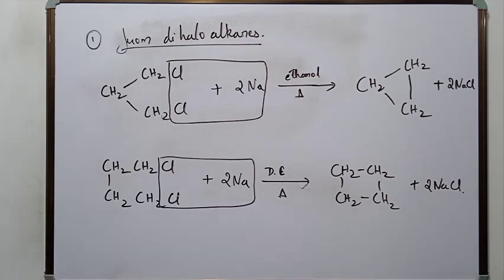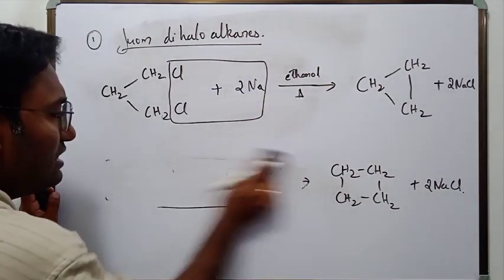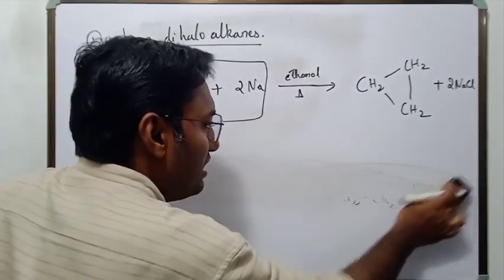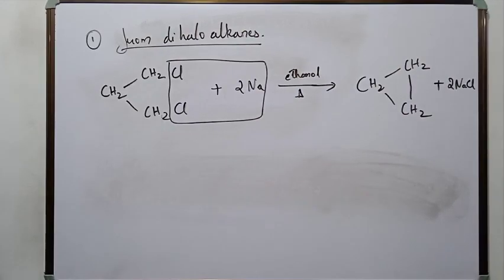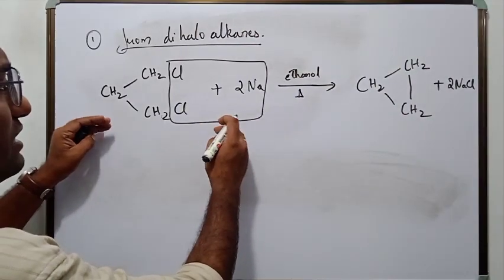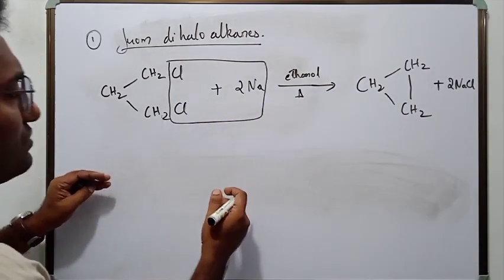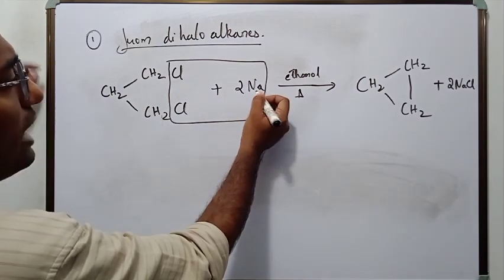At first glance it seems very simple, but let us look into how this mechanism works. For this, let me rub this one and let us see in the first example how it actually works out. For a better understanding of this reaction, you need to know the atomic number of sodium.